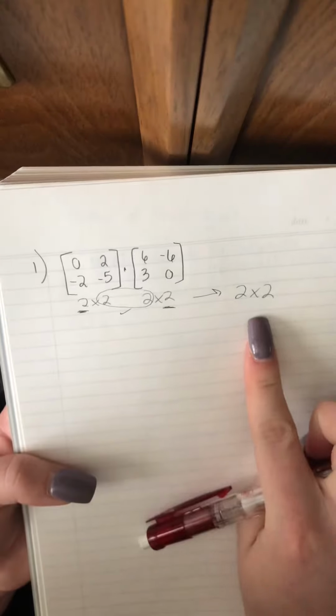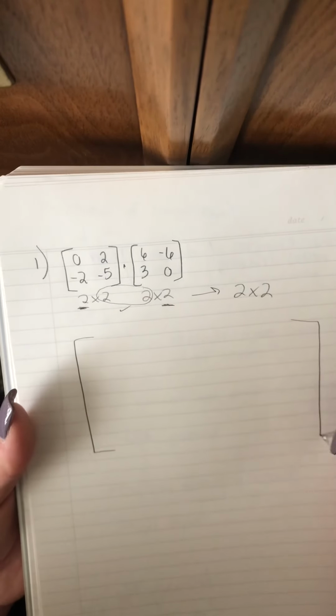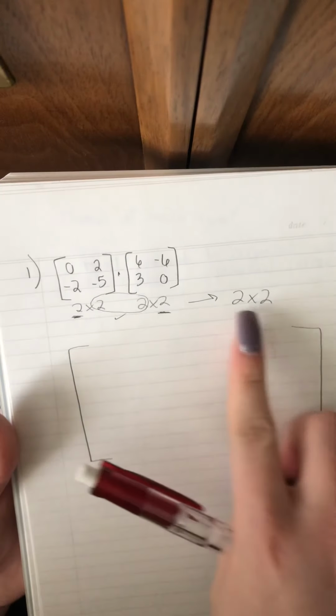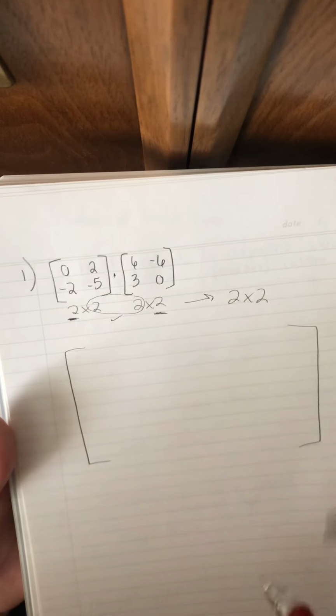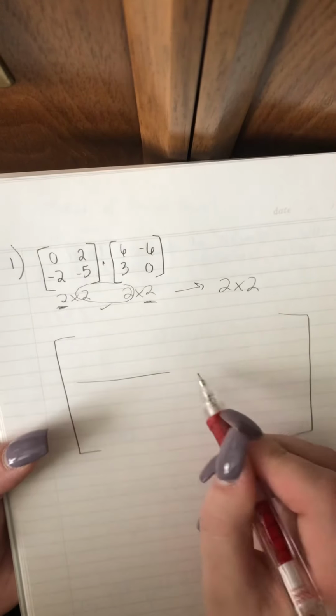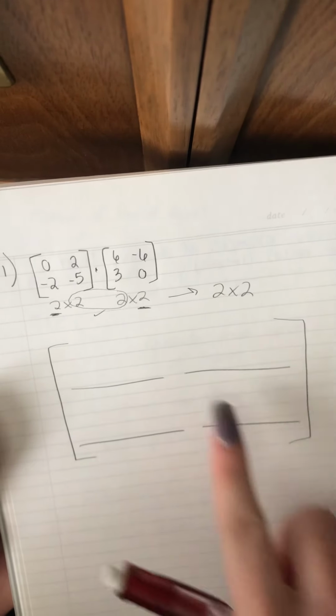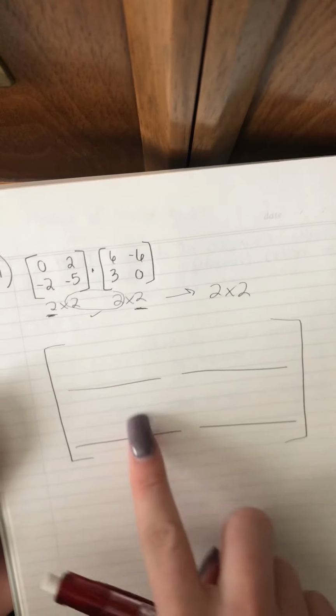That's how I know what these blanks are going to be. On those notes, I drew blanks. So this is going to have 2 rows and 2 columns, like 4 total elements. Remember, the elements are just the numbers or the entries in a matrix.